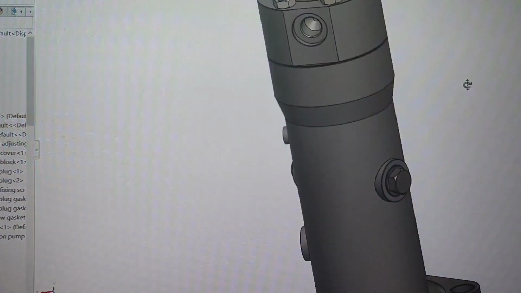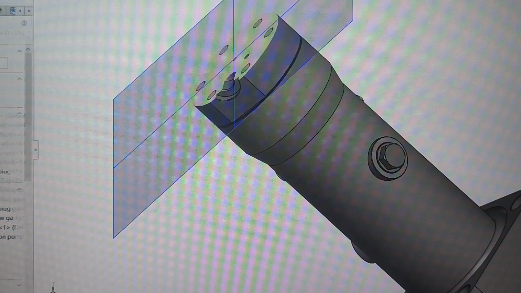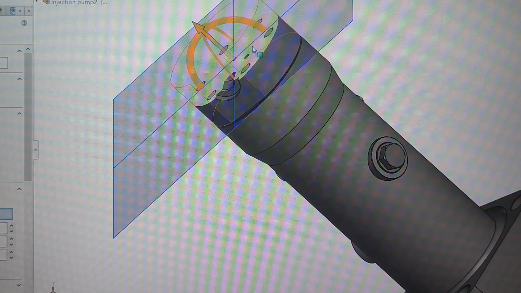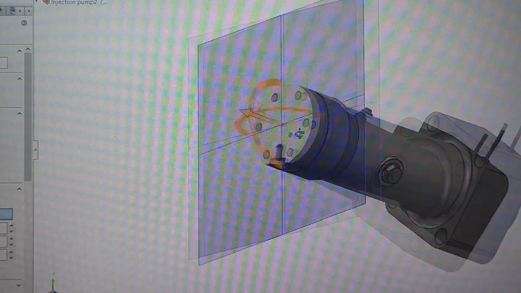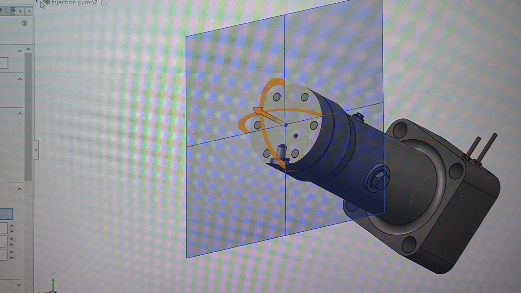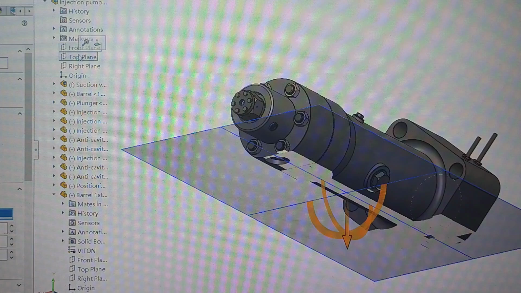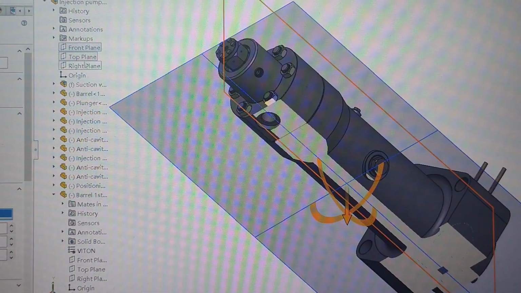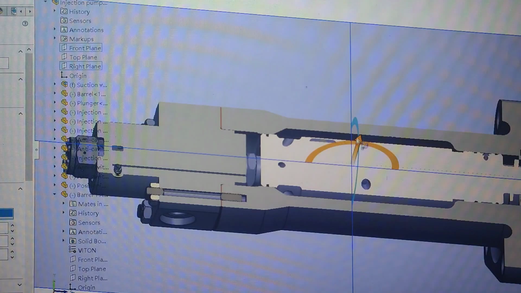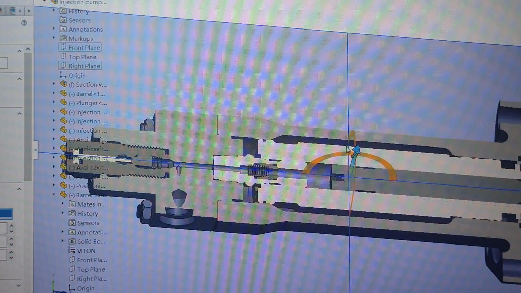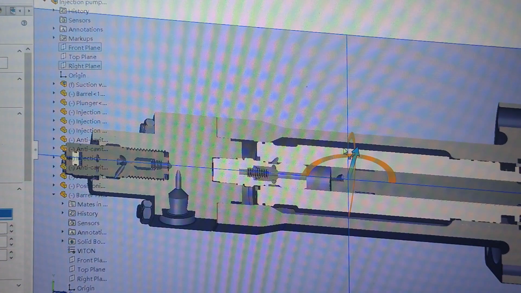It's a fuel pump. We can see the fuel pump is also designed according to the main BMW design. Let's change the view. Maybe this will be better. Okay. So let's see what the fuel pump is like.